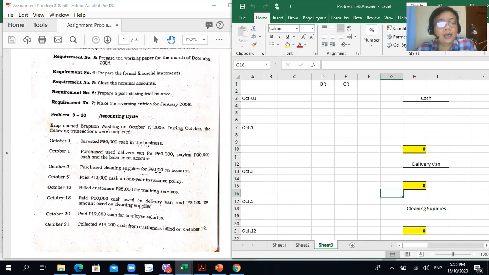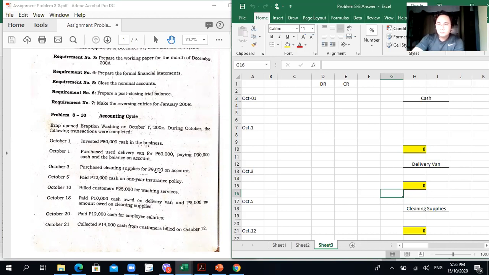So meaning, when you say debit, it is on the left side, while credit, it is on the right side, correct? In terms of liabilities and owner's equity, it is the opposite, because the formula is asset equals liabilities plus owner's equity. So any increase in liabilities and owner's equity is always on the credit, the right side, while if you decrease them, it is on the left side or debit.